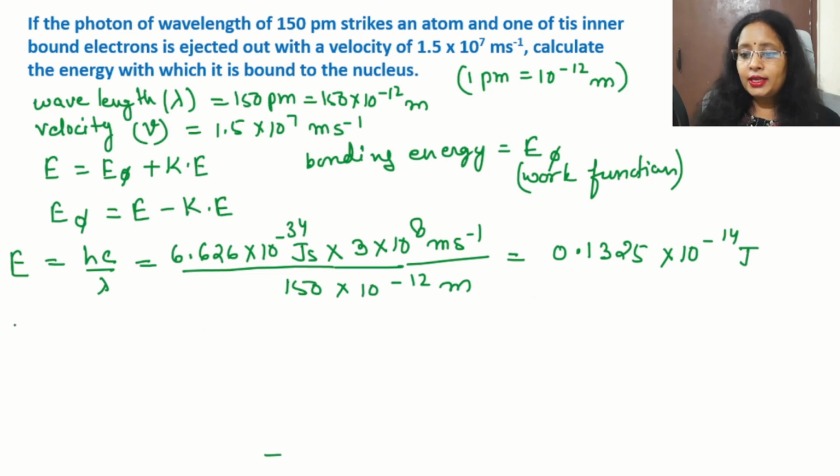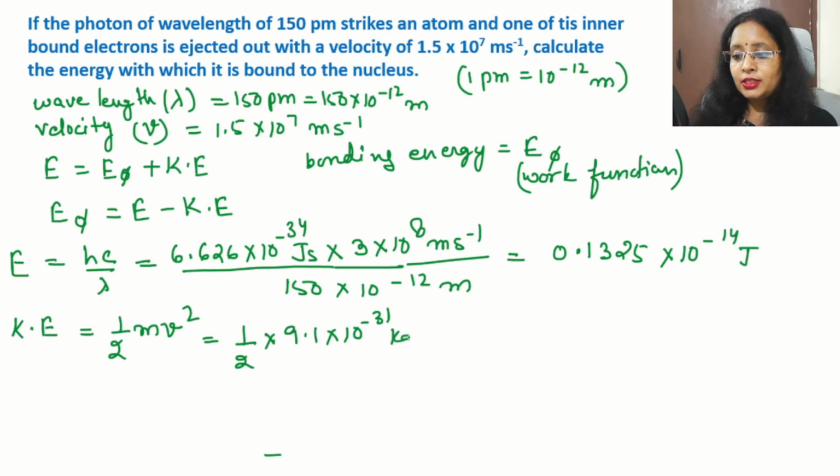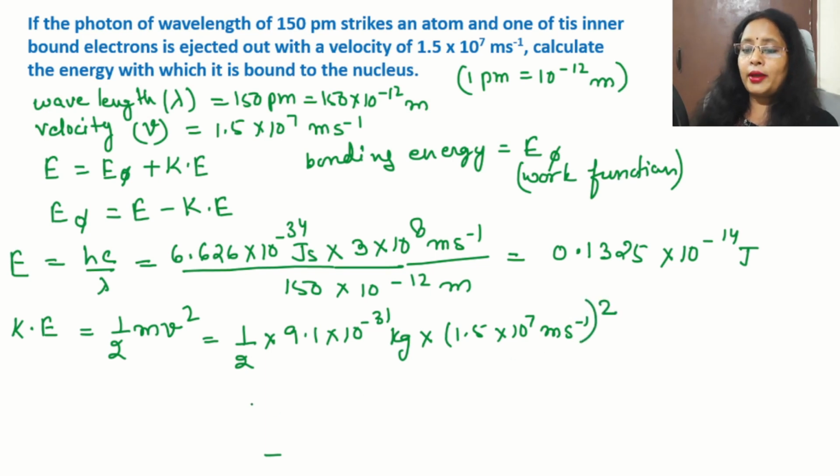Now next we need to find the kinetic energy. The kinetic energy formula is 1 by 2 m v square, where m is the mass of the electron, which is fixed, and v is the velocity which is given. Now substitute the values: 1 by 2 into m value 9.1 into 10 to the power minus 31 kg into velocity 1.5 into 10 to the power 7 meter per second, and this whole square.